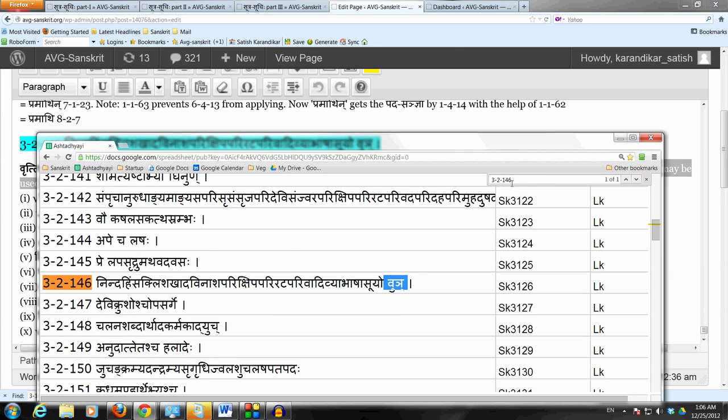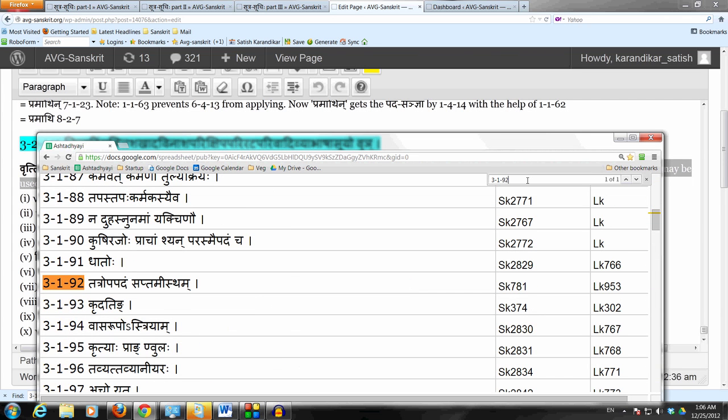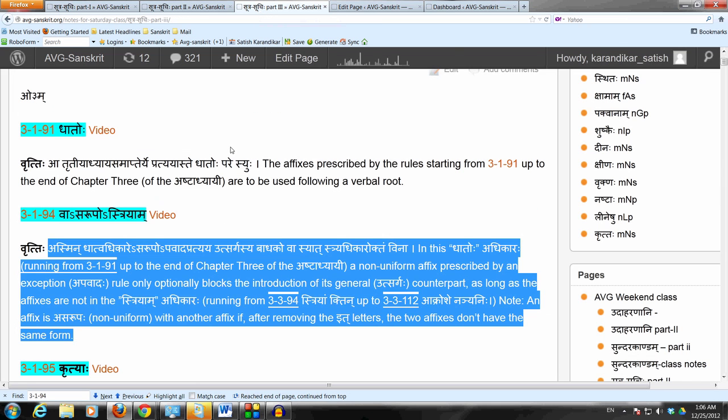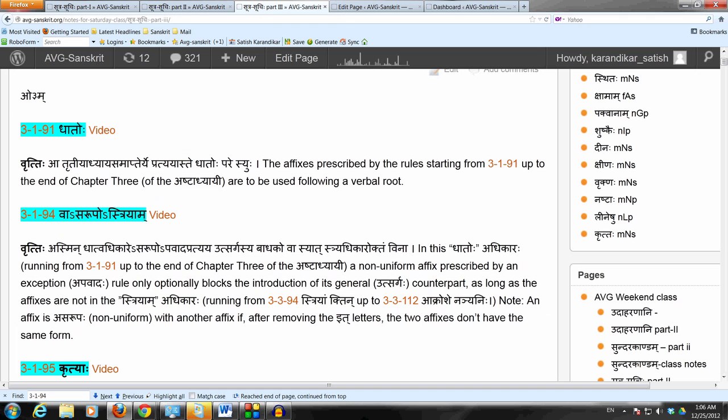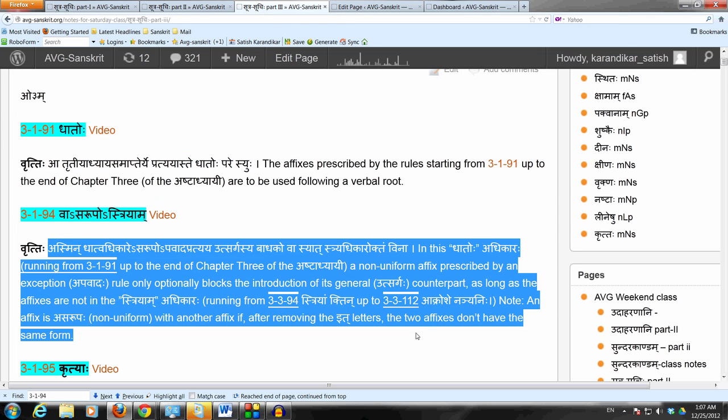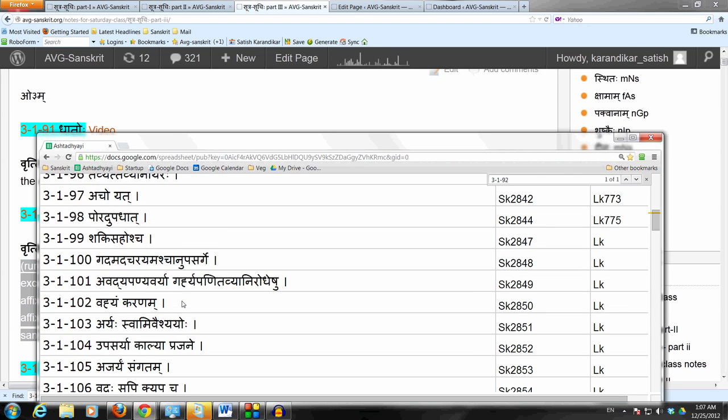Because remember the sutram vasarupo'striyam, which we studied way back, 3.1.94, which says that in this adhikara of dhatoh, which started from 3.1.91, barring the striyam adhikara, a pratyaya which is asarupa, which does not have the same form as another pratyaya, can be used optionally. So why couldn't the nvul affix prescribed by that sutram 3.1.133 be used optionally here? So then what is the need to compose 3.2.146?